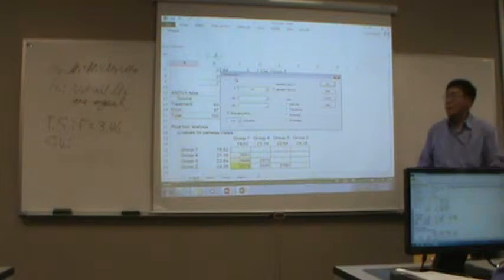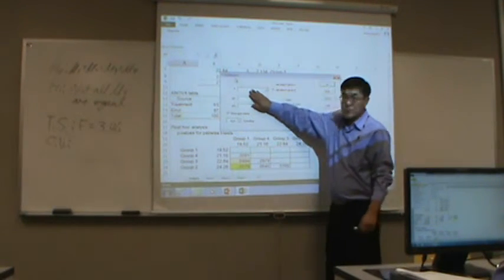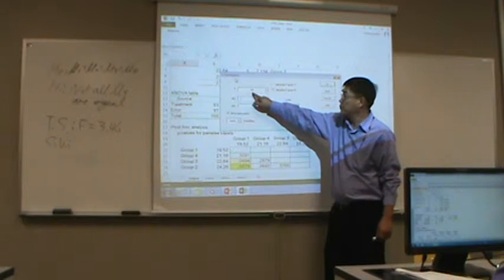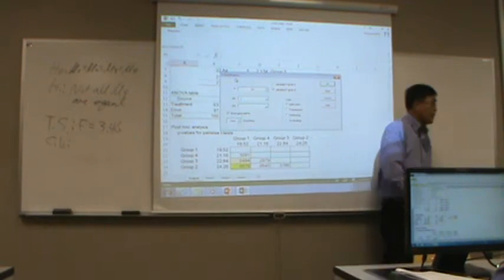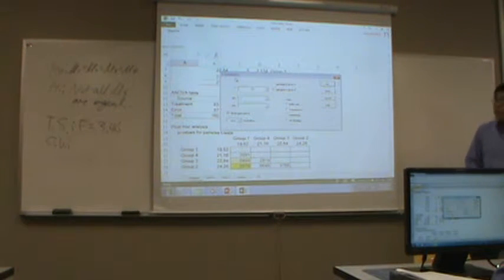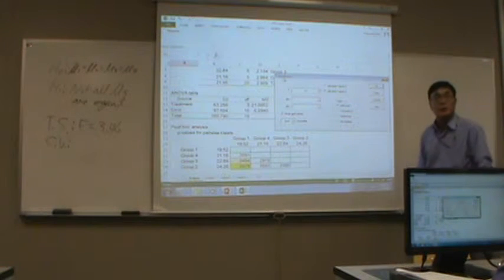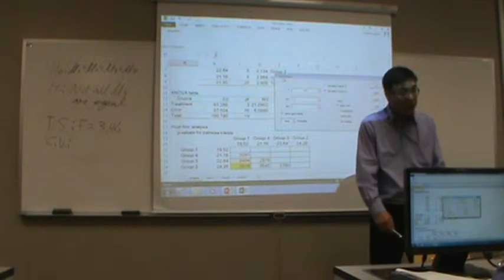First box, alpha. The question asks 0.05. 0.05 is default. And then DF1 and DF2. DF1 is C minus 1.